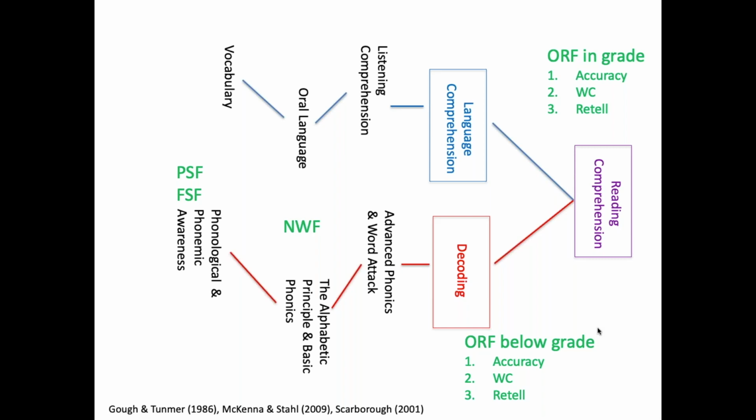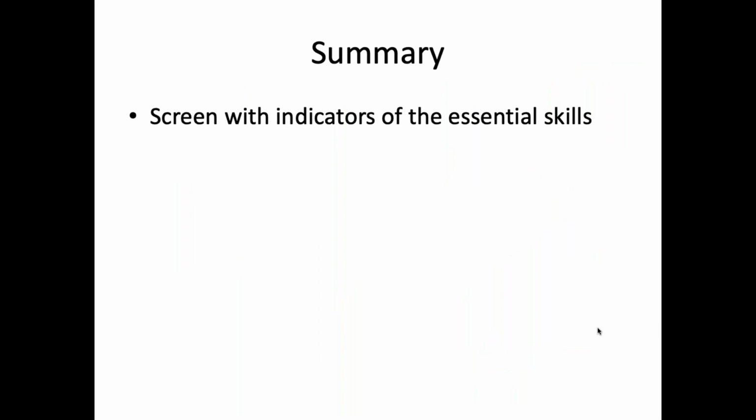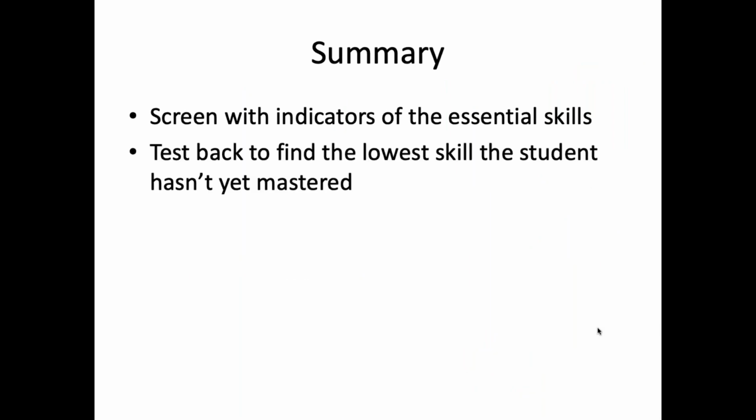And making sure that you have screening measures, particularly in these primary grade levels, that don't just measure reading in text like a running record or DRA might do, but making sure you're assessing these foundational skills that will support students to understand what they're reading. So screen with indicators of the essential skills.